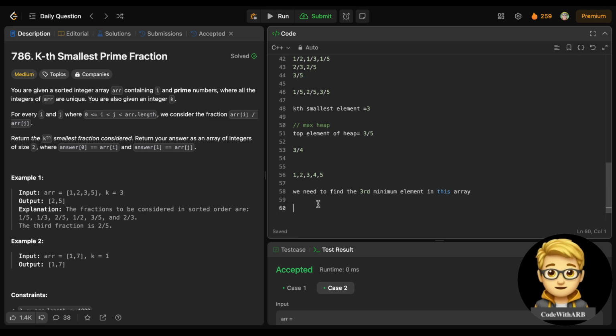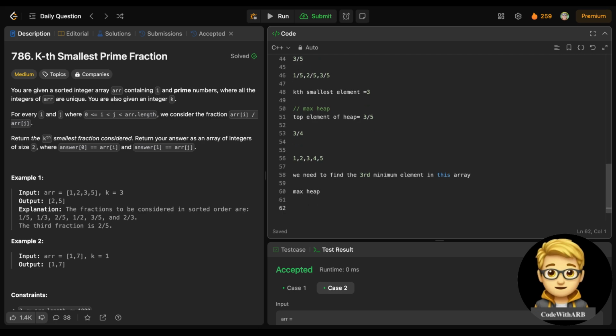Suppose it is not in order: 4 5 1 3 2. I will insert 4, then 5, then 1. Now I need only the third minimum element, which means k is equal to 3. When I push 3, it has a length of 4, which is greater than 3, and we need only the third element.